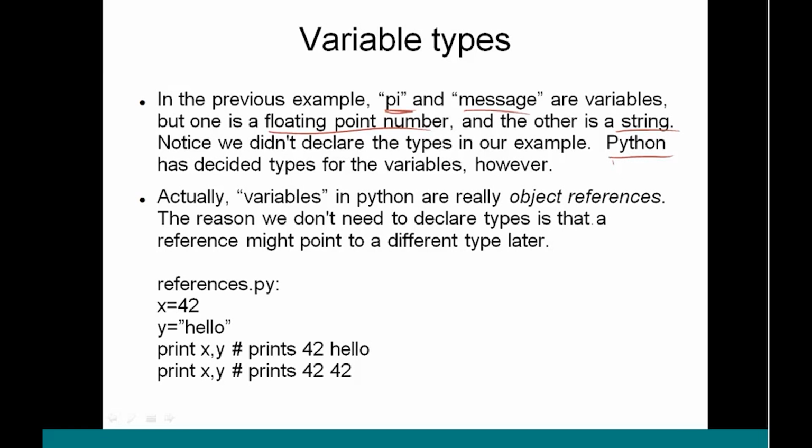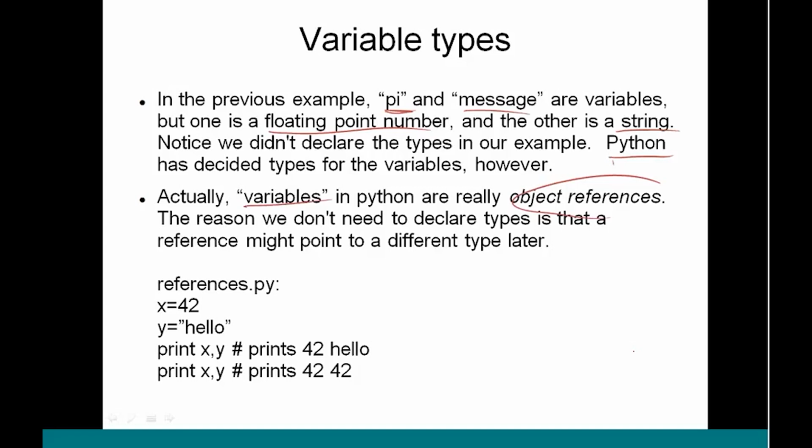In Python, the concept of variables is just an object reference. We saw some of these concepts in Tcl as well, when we talked about associative arrays, where the index is basically just a placeholder, an object reference. The reason we don't declare the types is because the reference might point to a different type later on.